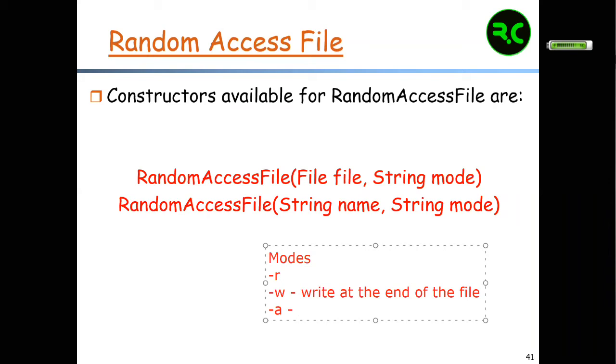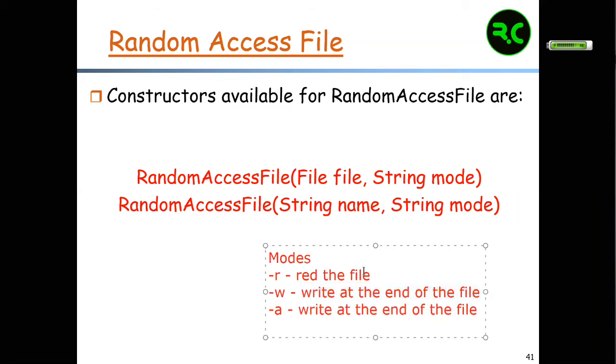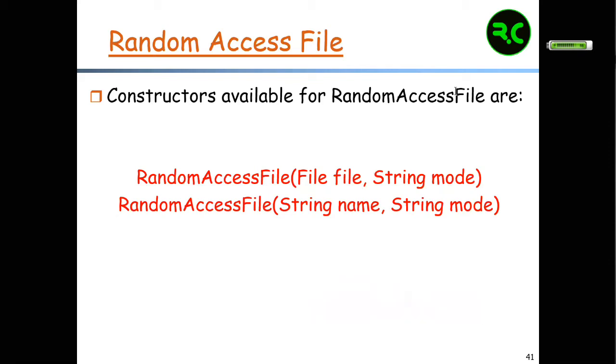The read mode is going to read the file. So we have read mode, write mode and append mode. We are going to look at these modes and this RandomAccessFile in detail right now. Okay, done. So let us move on to the next slide.